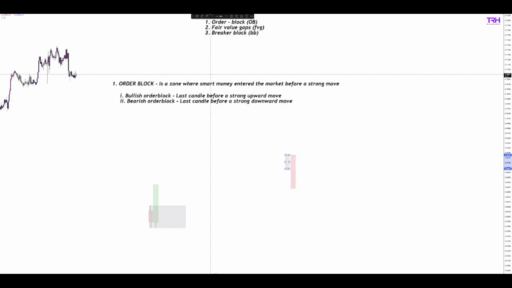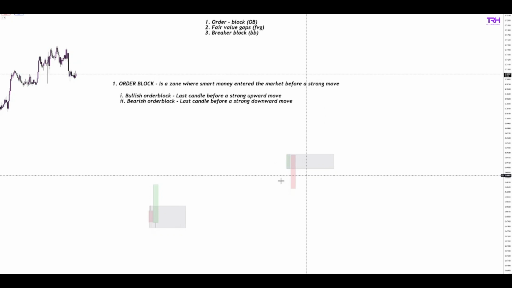So this becomes a bearish order block. Which means it is the last candle before a strong downward move, and the bullish order block is the last candle before a strong upward move.